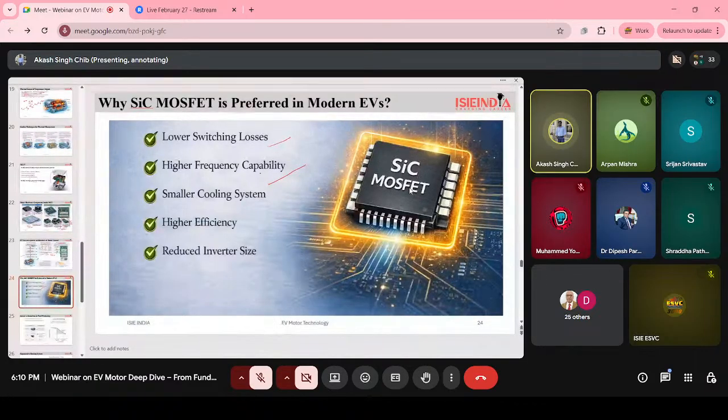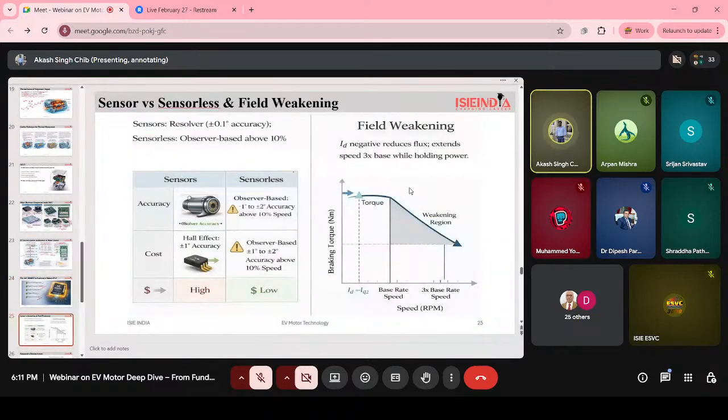It has a smaller cooling system, higher efficiency, and it also reduces the inverter size because it is very small. So that's why we are mostly using MOSFETs in the control unit. Then here is the sensor versus sensorless and field weakening.